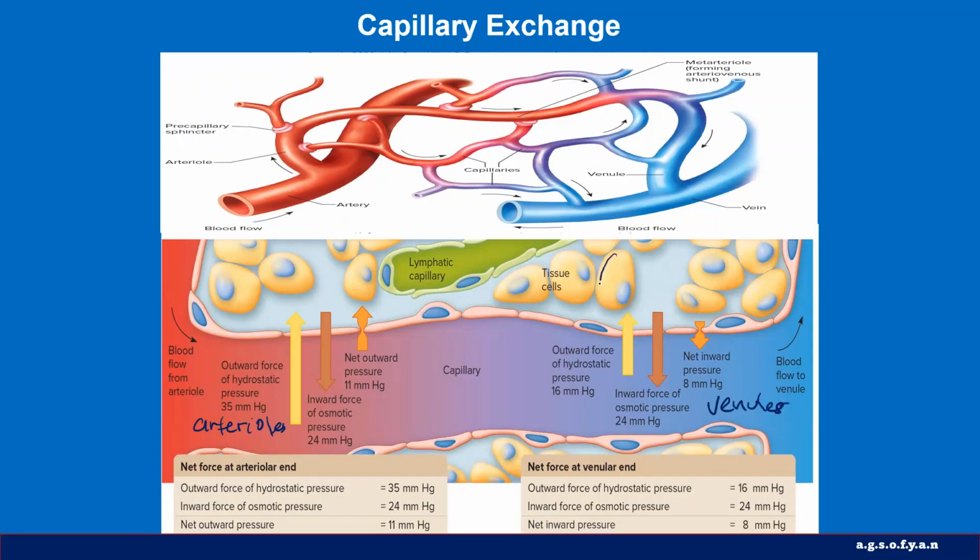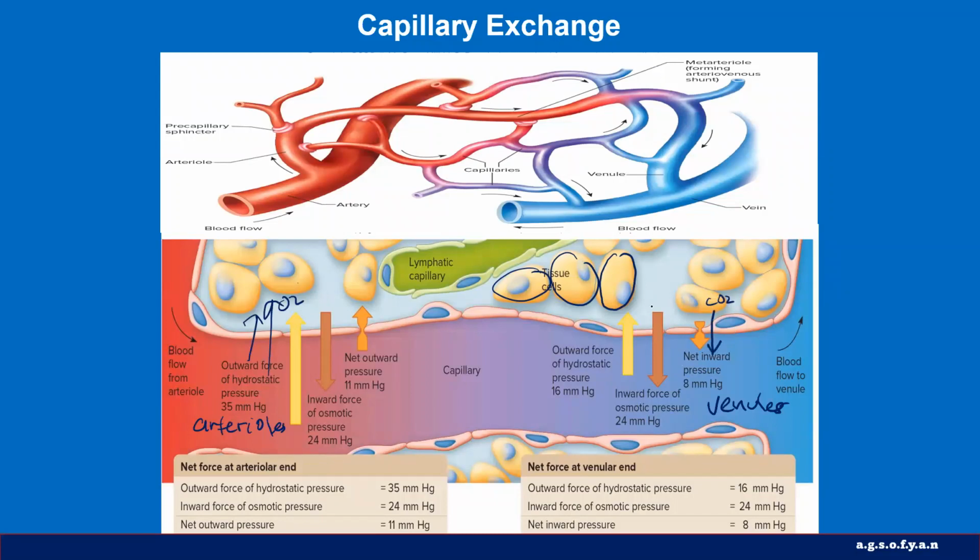And you see this is our tissue cell that requires oxygen. So oxygen will go from the arteriole side, enter into the cell and be used by the cell, and then the cell produces carbon dioxide. It will go back to the venule side.